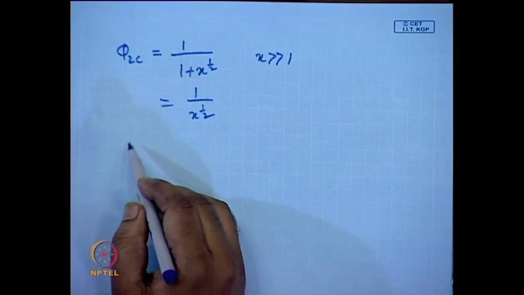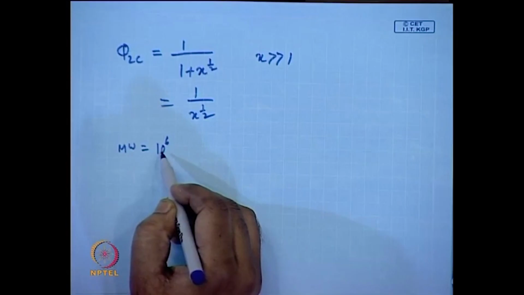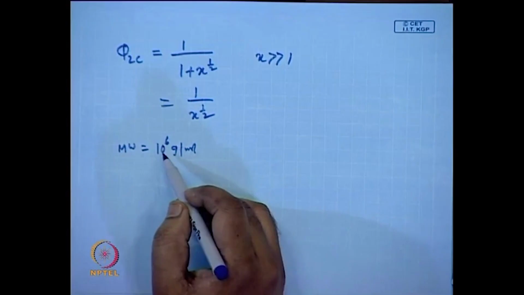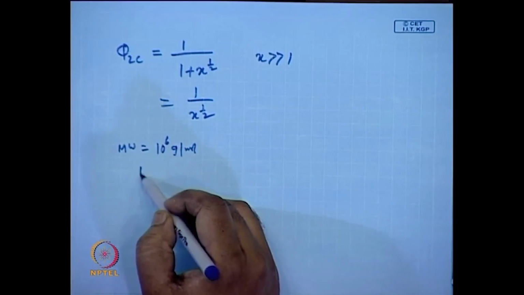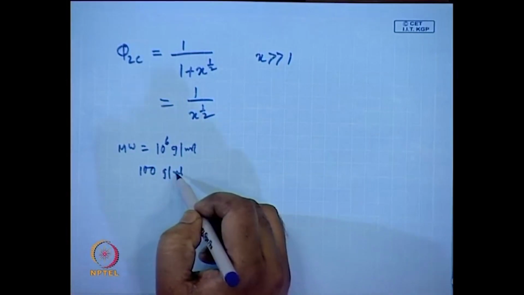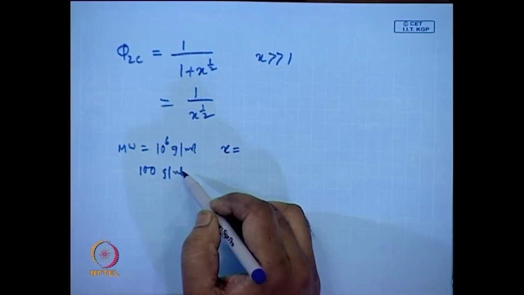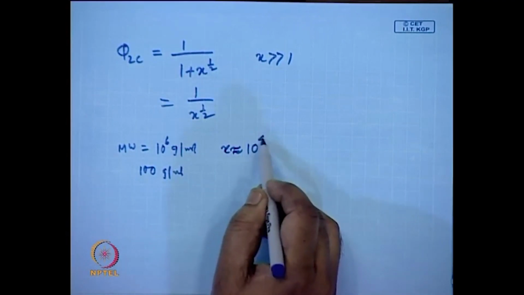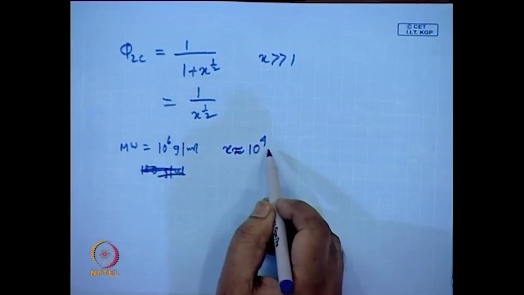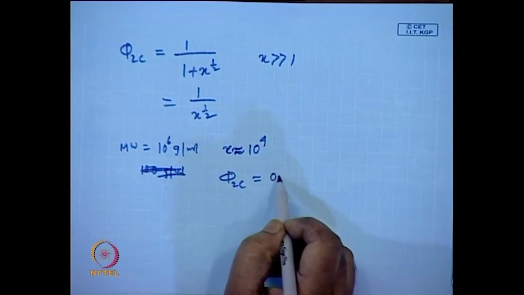If we have, say, a polymer having molecular weight of 1 million, 10 to the power 6 gram per mole, and the repeating unit molecular weight is 100, then x would be close to 10 to the power 4, and then phi 2 c would be 0.01.